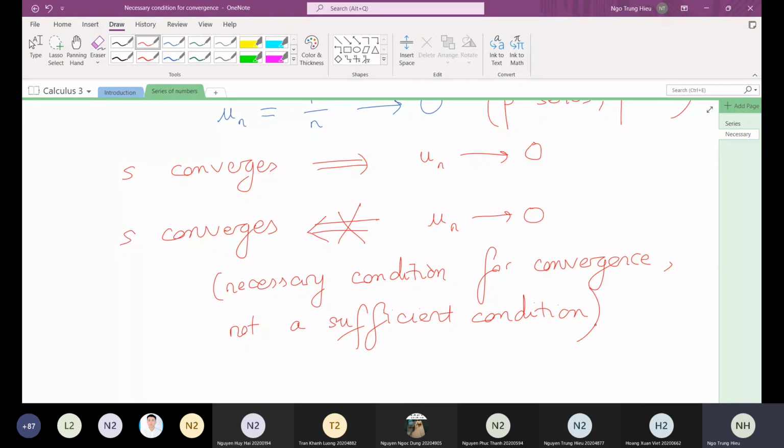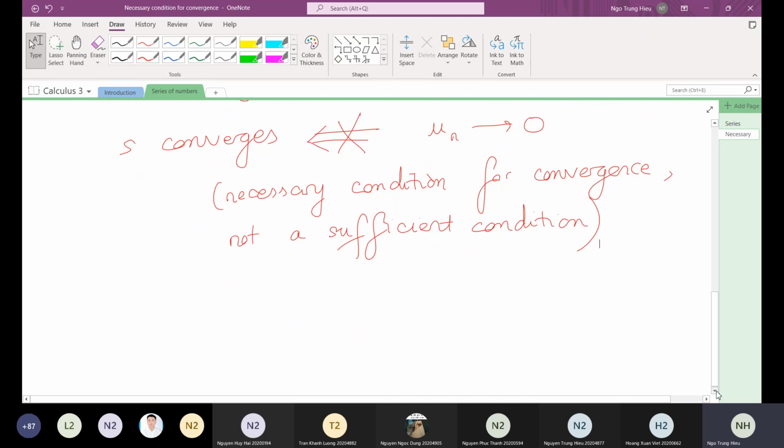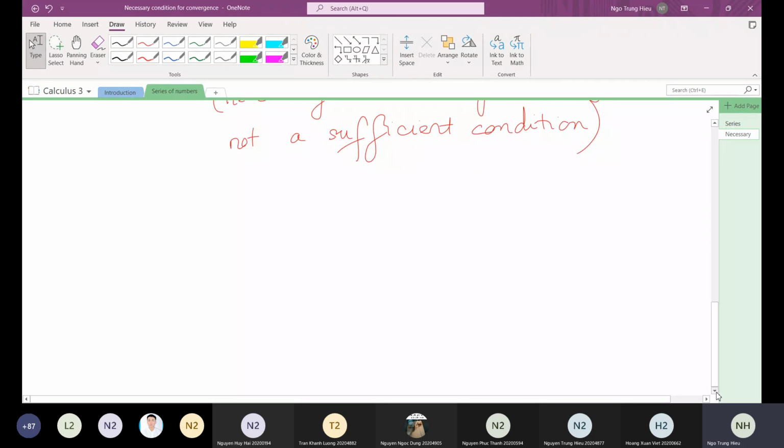So we can add or subtract two different series.